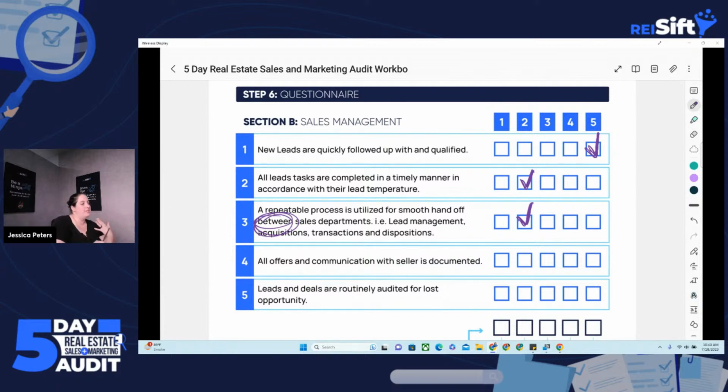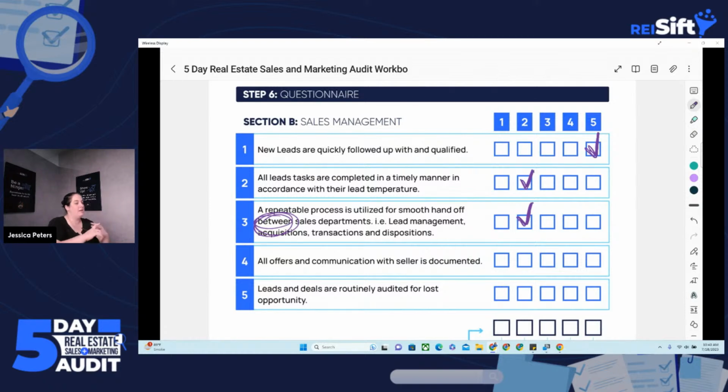All offers and communication with the seller is documented. So anytime you're communicating, talking, the phone conversations, it's documented. You're leaving notes. If you're using REI Sift and you're integrated with either AirCall or smartphone, the conversations get put in the activity log. But whatever you're using, even if you're not a user yet, all of that communication is getting documented.